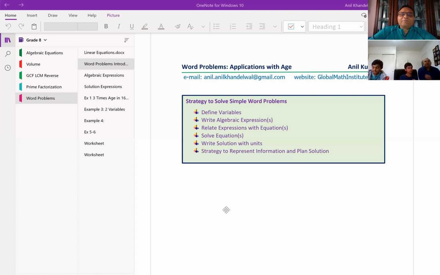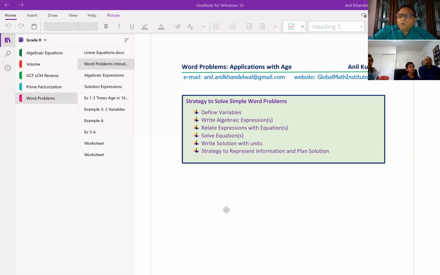Right. So Devansh, as I was saying, when you want to solve a word problem, you have to read it very carefully. As you read the word problem, you come to know these are the unknowns, and those unknowns are called variables in mathematical language. We have to associate these unknowns with the variables.